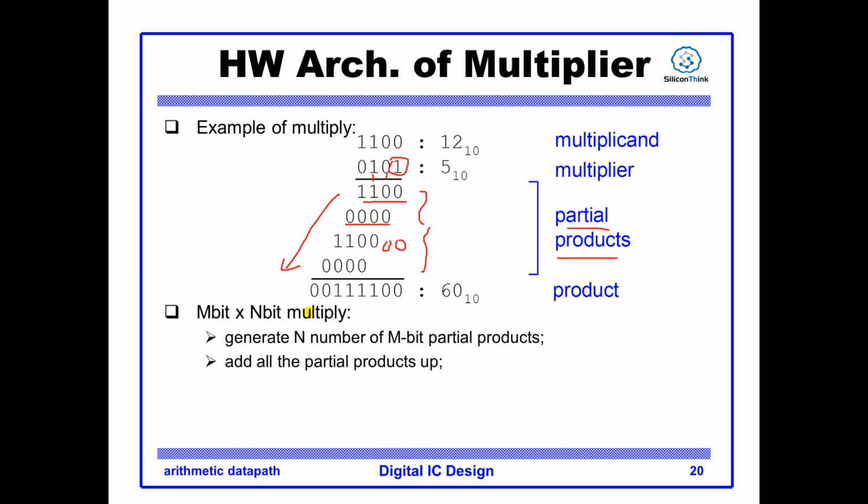So basically, for an n-bit multiplier, you will generate n partial products, and you have to add the n numbers up to make the final result.